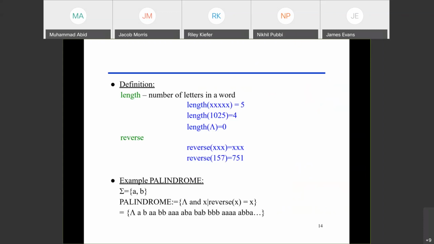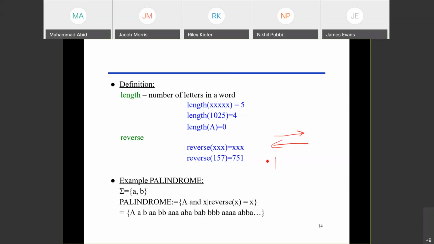Okay, so then you have the reverse operation, which will just reverse your string, your word. You understand that. So palindrome is a concept where you have a word and you can read that word from left to right, or right to left. It will read the same. And we have one country name also which is based on the palindrome.